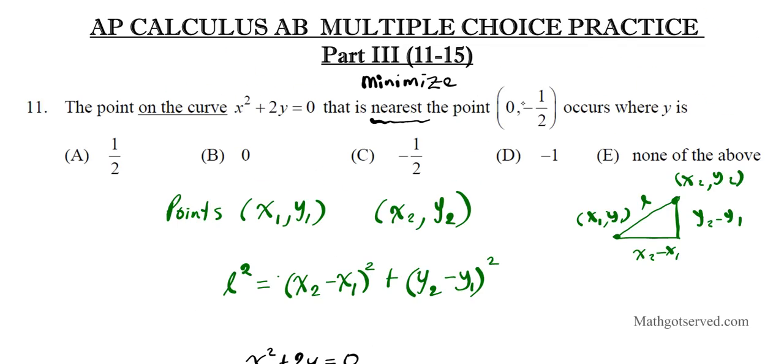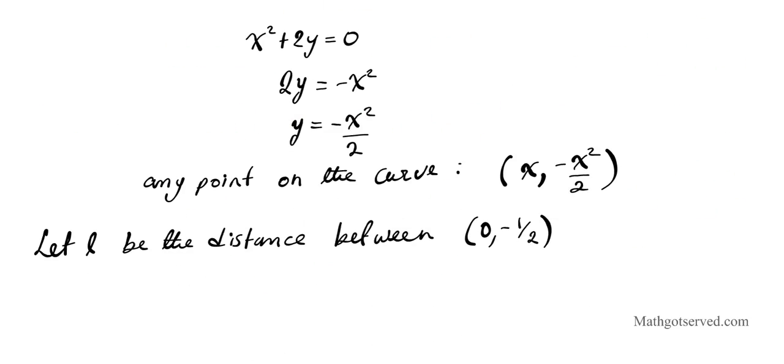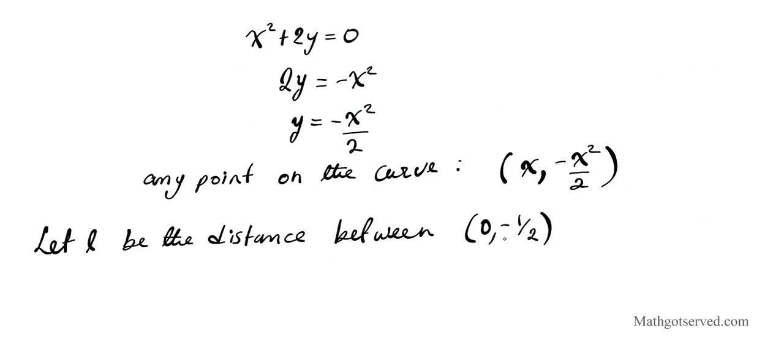We compute the distance from this point to this curve. So let L be the distance between this point, (0, negative 1/2), and any point on the curve, (x, negative x squared over 2). All right. So now we're going to use a formula, but let me indicate what each term means first. So this is (x1, y1), and then this is (x2, y2).